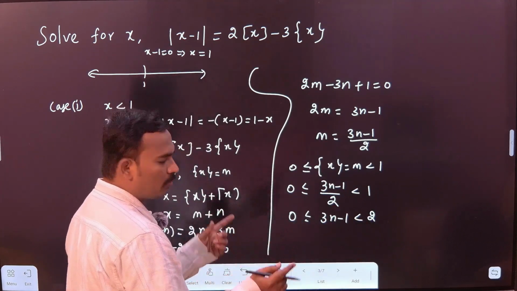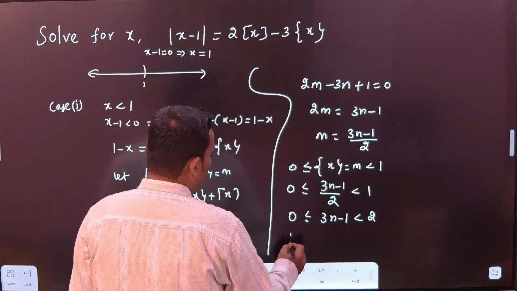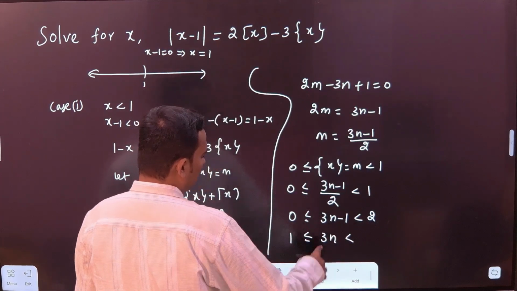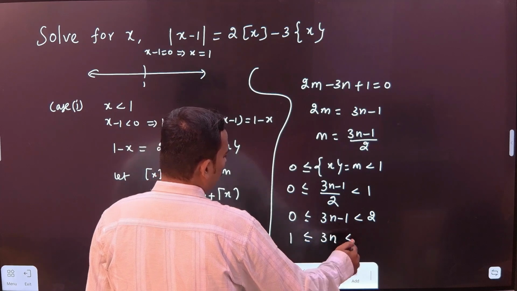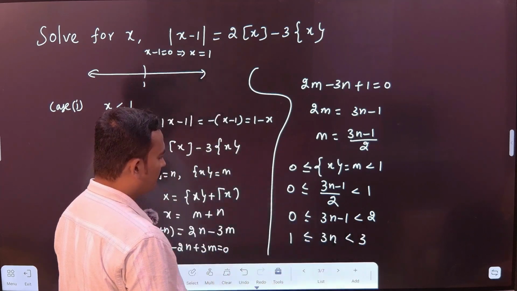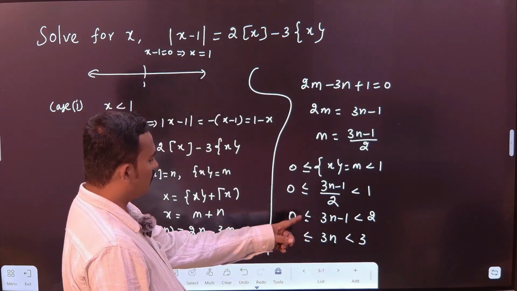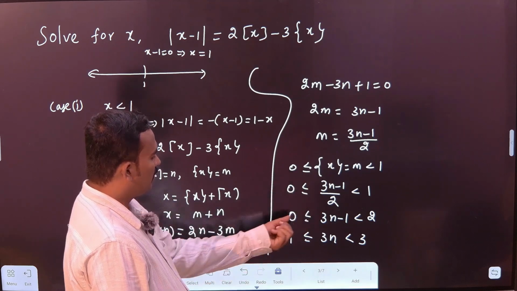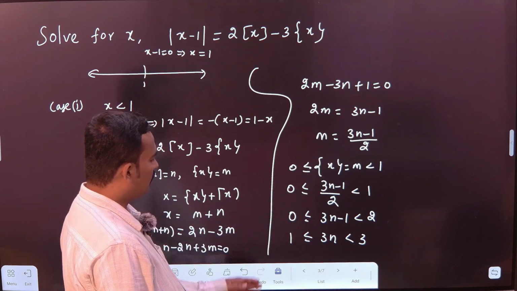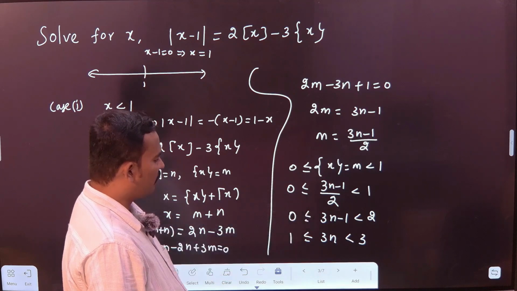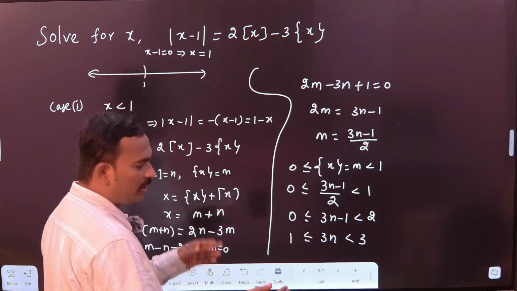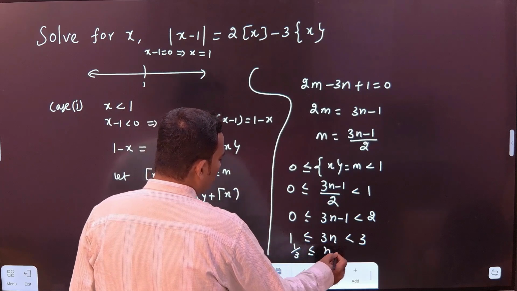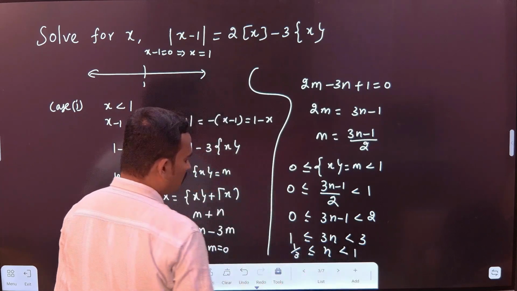Now you can add 1 both sides. So 1 less than 3n less than 3, right? Now you divide by 3. So 1 by 3 less than n less than 1.